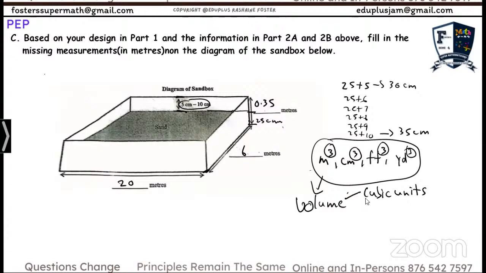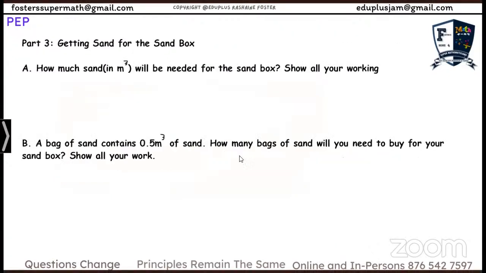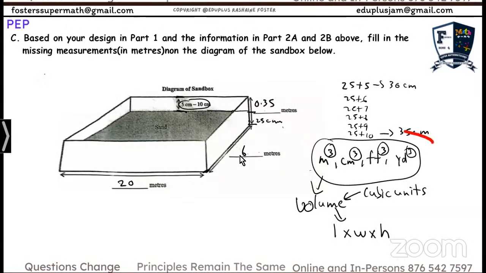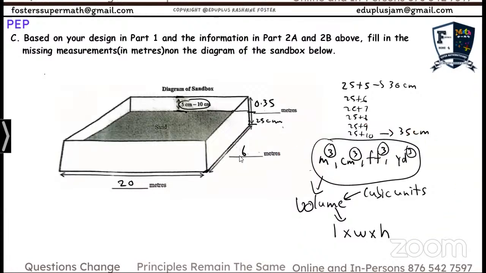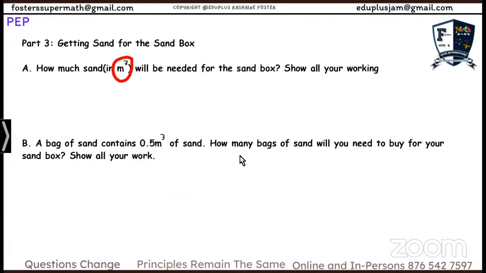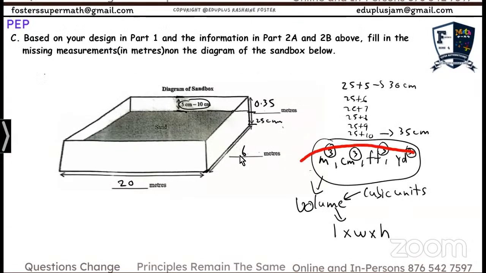And cubic units have to do with what? Volume. And once we are talking about volume, what formula are we dealing with? Length times width times height. So people, before I even answer anything, just because I see this alone, all of those things are supposed to be in your mind. Just because you see this cubic meters, you need to think about all of this.